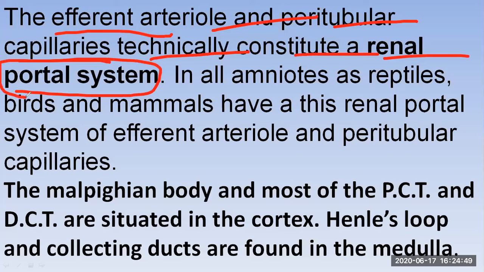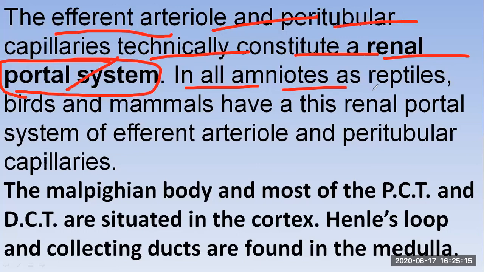They form the RPS, renal portal system. Efferent arteriole means the arteriole which arises from the Bowman capsule, and further branches around the loop of Henle, which are known as the peritubular capillaries. And these peritubular capillaries are technically termed the RPS, renal portal system.